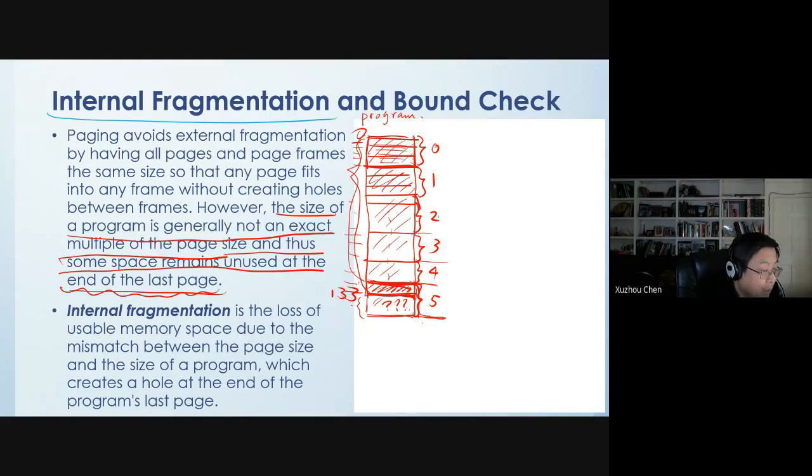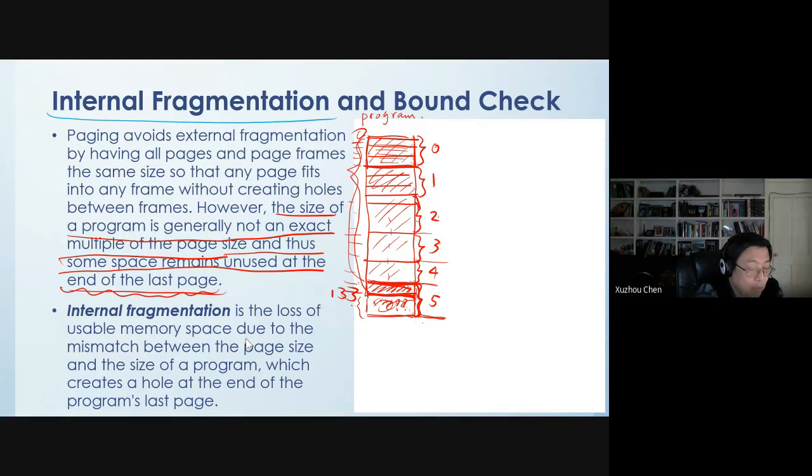So that's the last page, and this memory space is unused. That's called internal fragmentation. Internal fragmentation is the loss of unused memory space due to the mismatch between the page size and the size of the program.